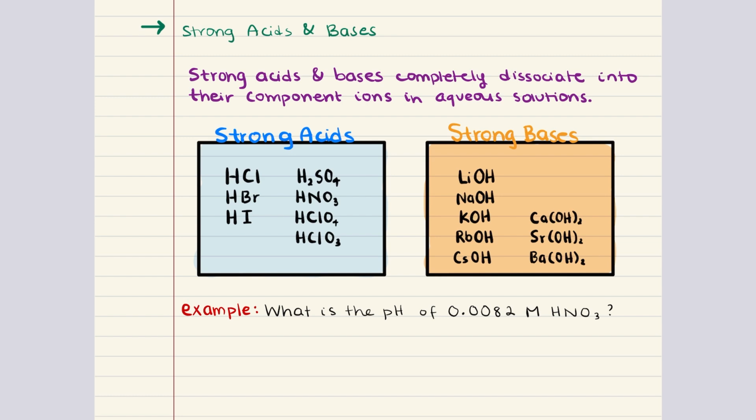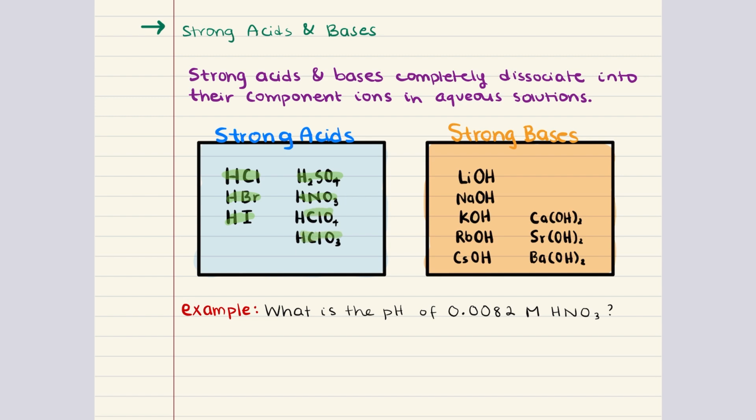Now, for this general chemistry course, there's a list of strong acids and strong bases that you should commit to memory. If you encounter any of these, you should be able to identify them as strong acids or bases. Now, for strong acids, we have hydrochloric acid, hydrobromic acid, hydroiodic acid, sulfuric acid, nitric acid, perchloric acid, and chloric acid.